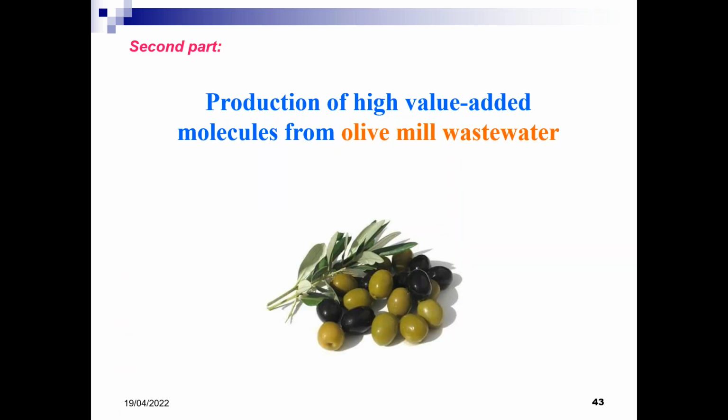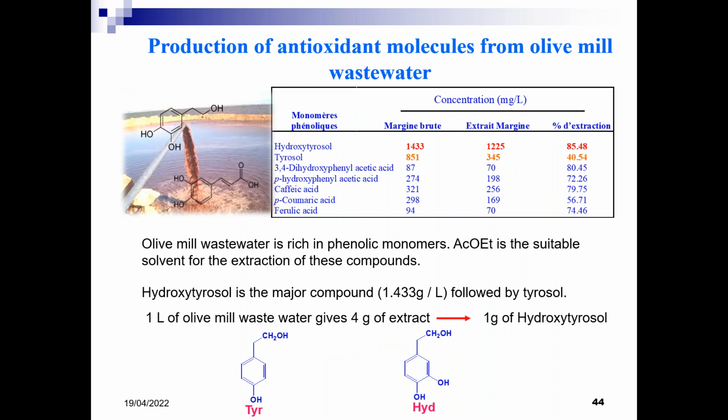Now, another byproduct is olive mill wastewater. Olive mill wastewater is rich in phenolics. It is a liquid that is obtained after extraction of olive oil from the fruit. It contains especially water and phenolic compounds. We have tried to analyze this residue, and we found that it is very rich in hydroxytyrosol, which we look to isolate because it is a very good compound.